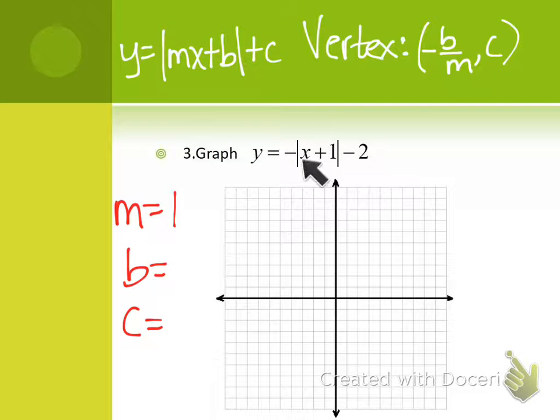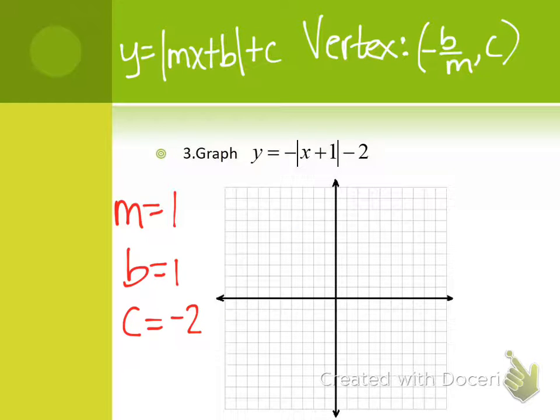So if it's just X, it's a 1X, so our M is 1. Okay, our B, Charles. 1, very good. And our C, because we have one this time, Nicholas, is -2.